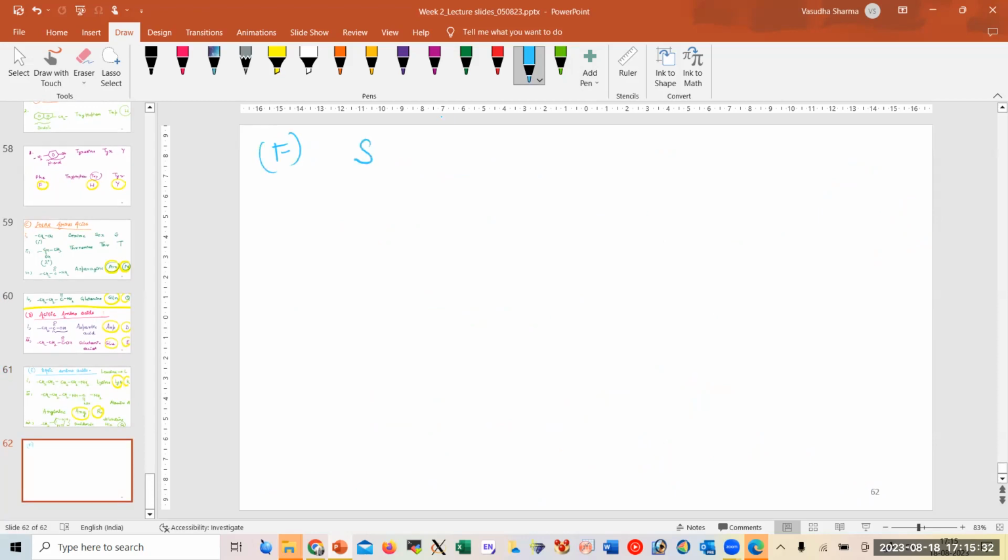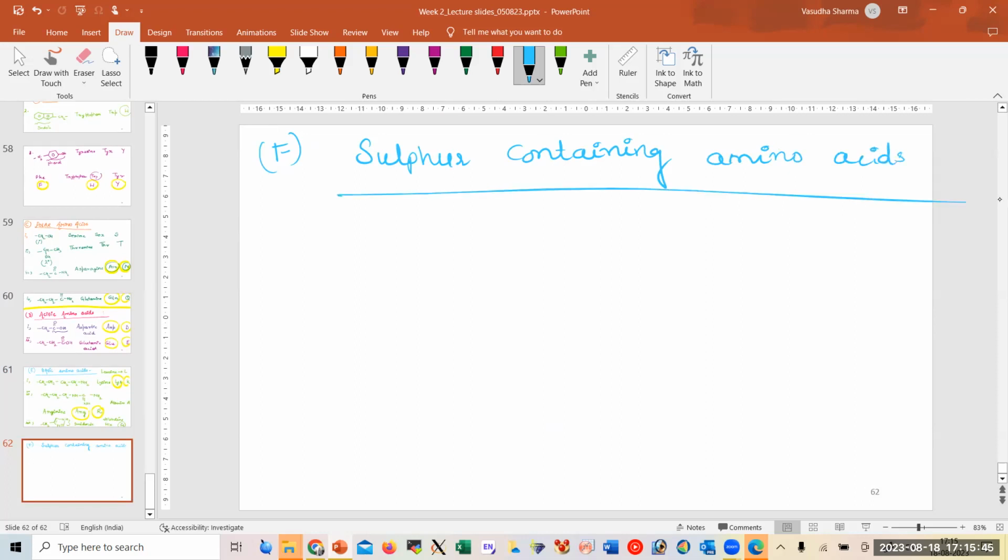Sulfur containing amino acids. So first is CH2, with a simple thiol group.